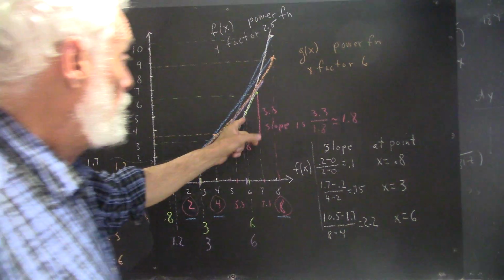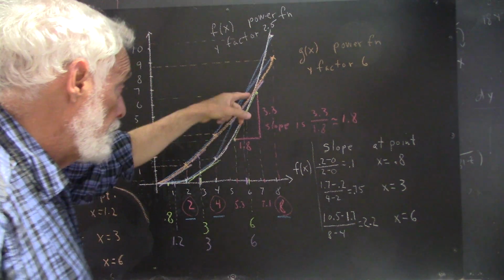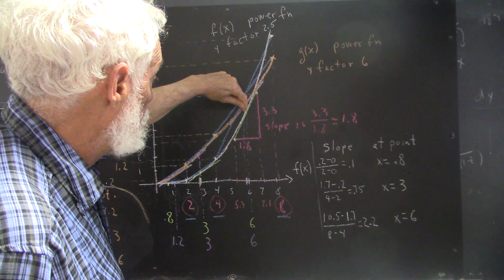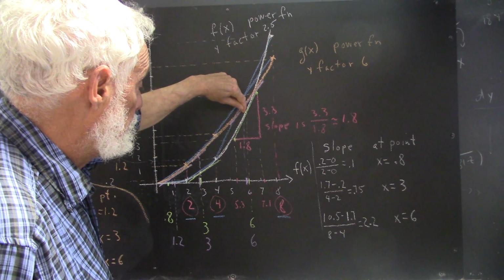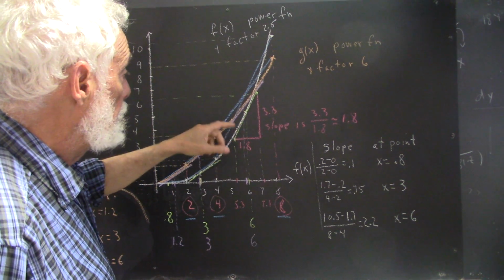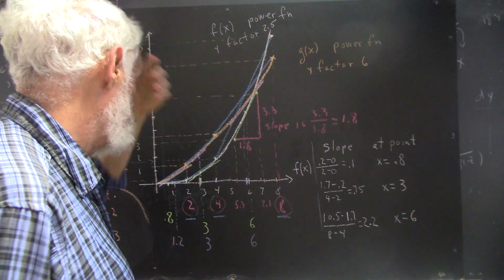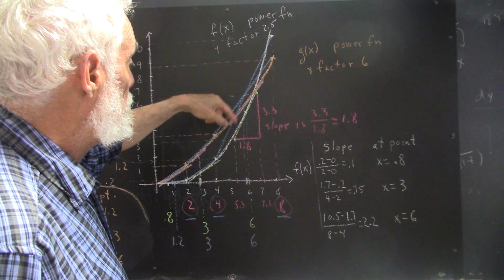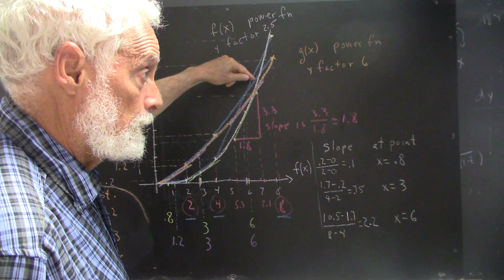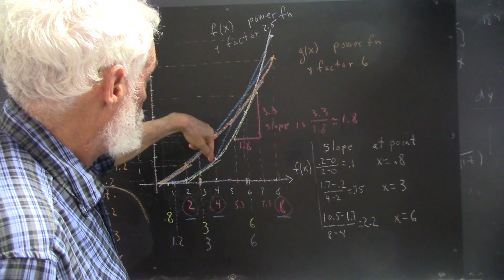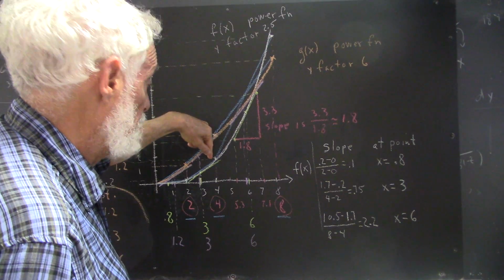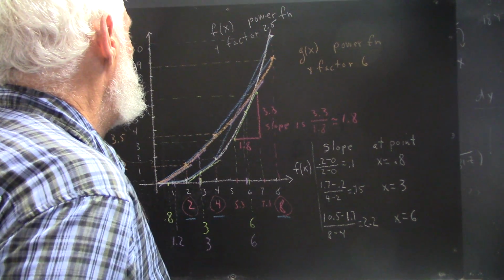I estimated the slope of the green tangent line here, and also the coordinate at which it meets the graph. We appear to have at x-coordinate approximately 6, a tangent line parallel to the blue chord that goes from x equals 4 to x equals 8.